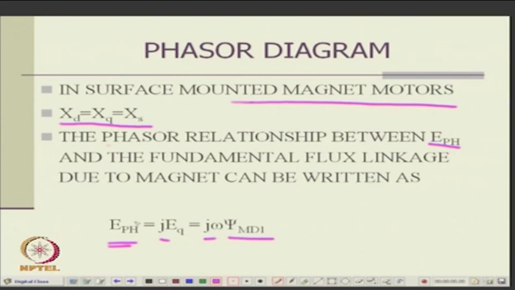If this is the flux linkage in the D axis, then the voltage will be E_q, j times this. You have to recall some of your machine modeling. You are aware of the phasor diagram of a synchronous motor, right. So, if this is the D axis, it means your magnet is in this line, this is the magnet.